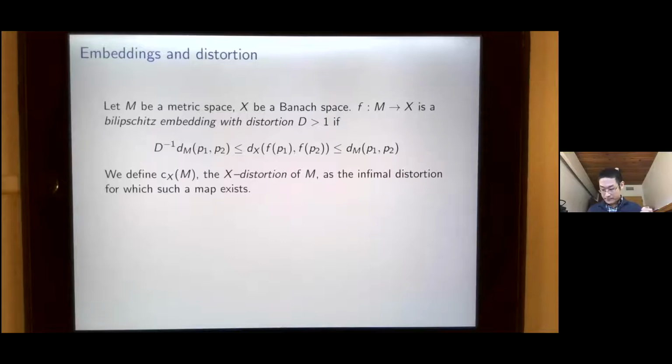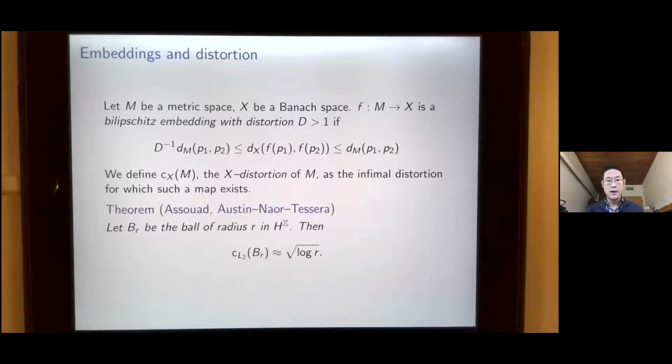Okay, so then we can state the following theorem of Assaf Naor and Tessera. If B_R is the ball of radius R in the integer Heisenberg group, so this is a metric space with roughly R to the 4th elements, then the L2 distortion of B_R is on the order of the square root of the log of R. So the ball of radius R embeds in Hilbert space with distortion roughly root log R. So as R increases, this distortion increases, which makes sense because we know that we can't embed the entire Heisenberg group, we can't embed the entire lattice in Hilbert space.